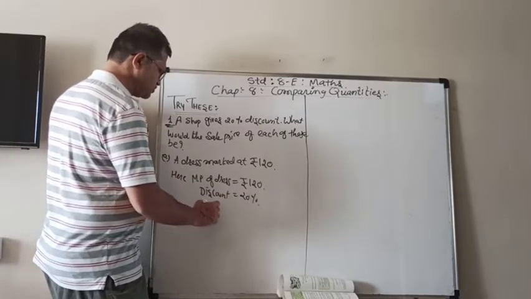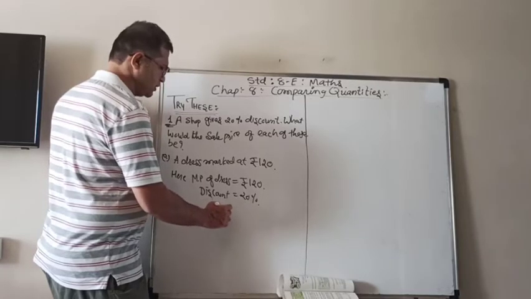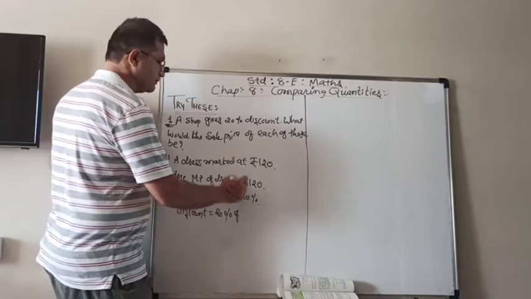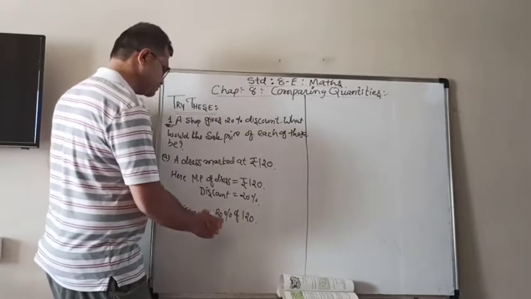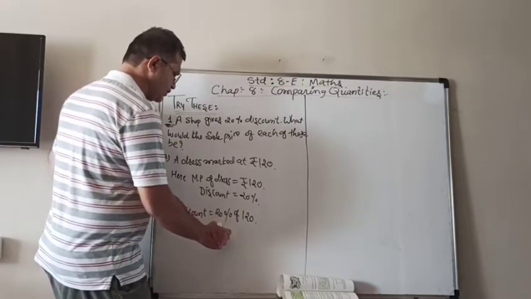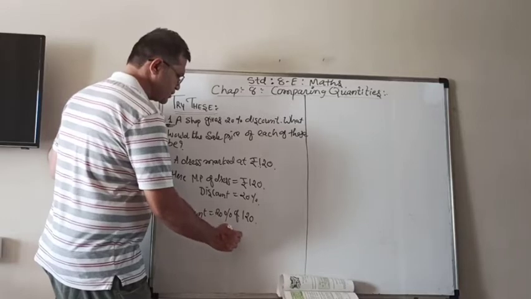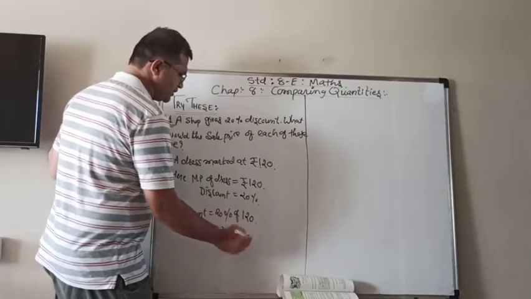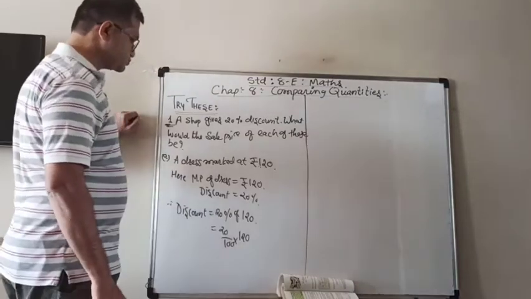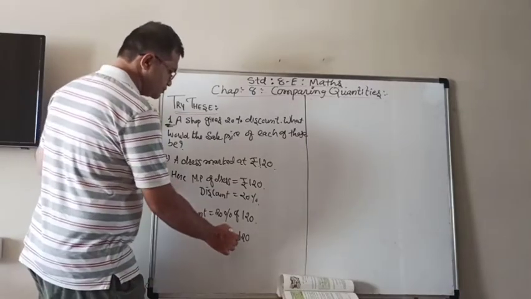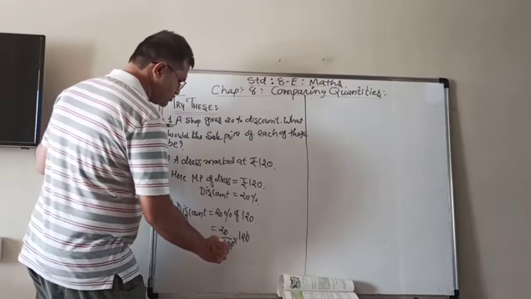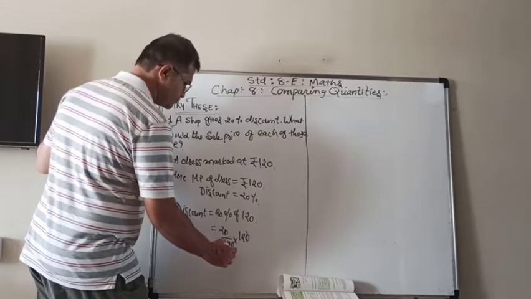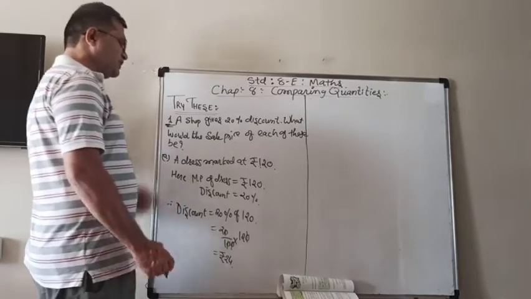So discount is equal to 20% of the marked price, that means 20 upon 100 multiplied by 120. So discount is rupees 24. Now we have to find the sale price.